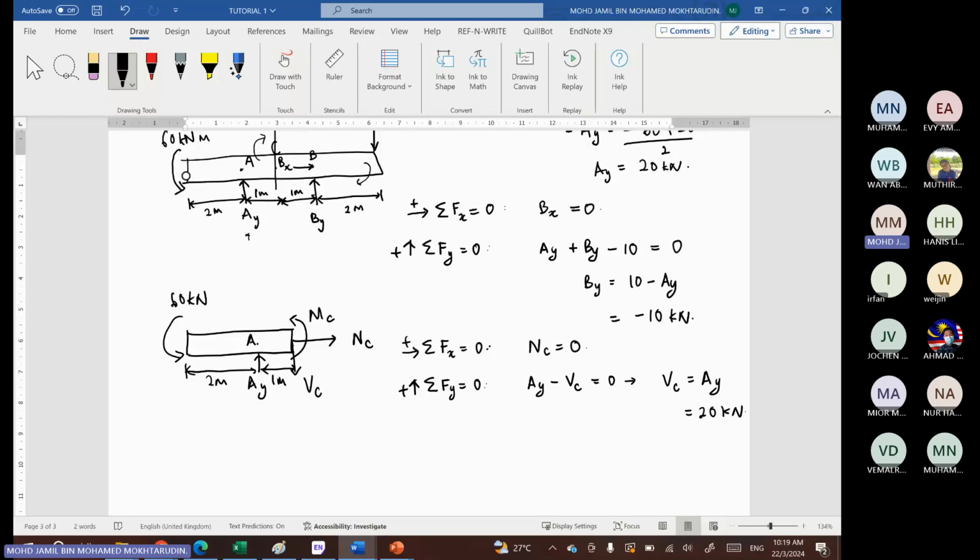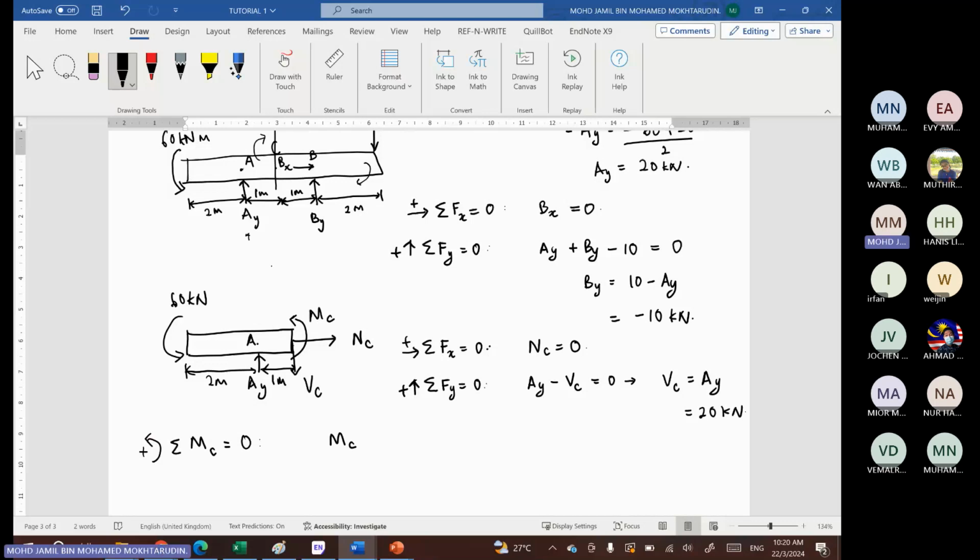And then lastly, we can determine the moment at point C. Okay, so at point C, we already have the internal moment, MC.